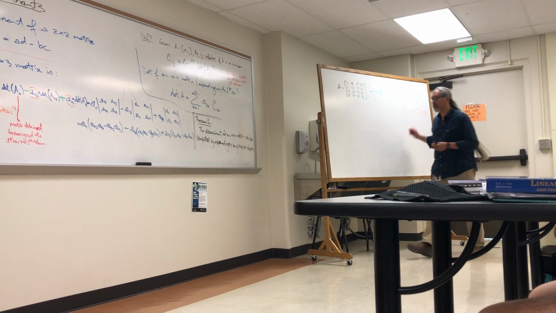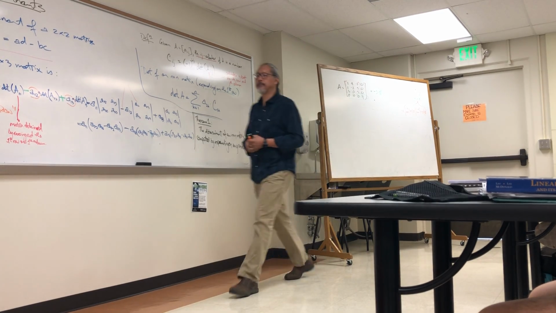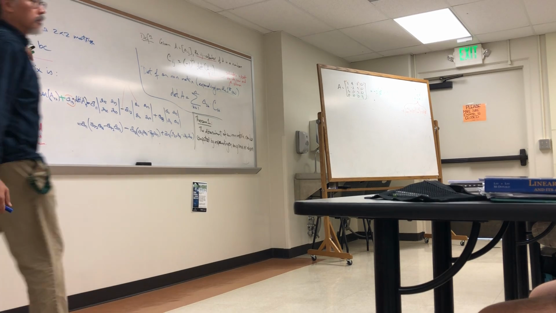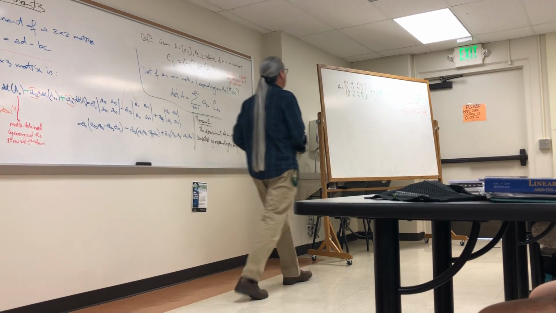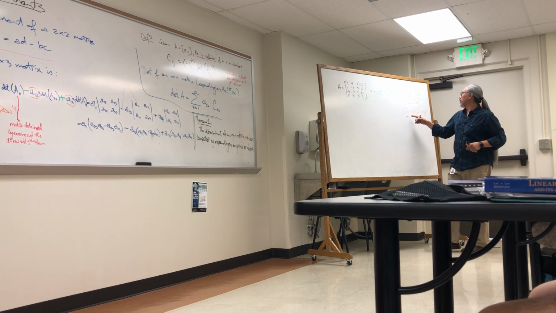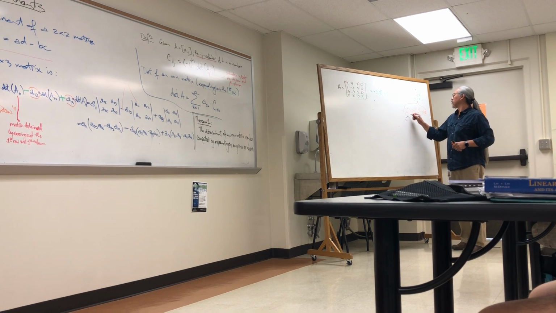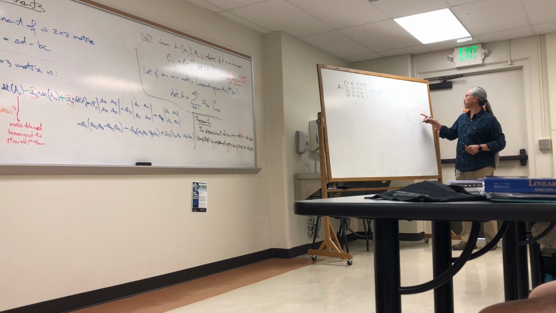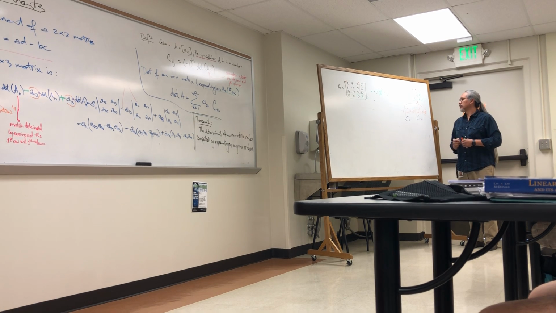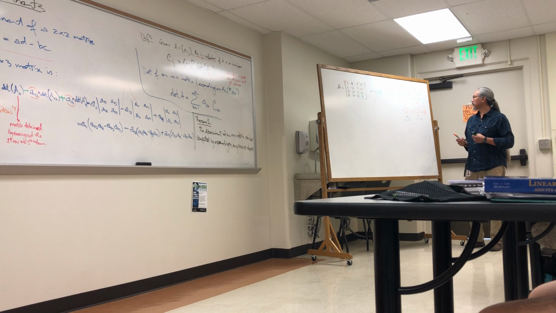Now we figure out what these are, but they're 2 by 2 matrices, so we can just use our original formula for 2 by 2 matrices. This is going to be 5 minus 15, and this is going to be 5 minus negative 6. So what do we have here?